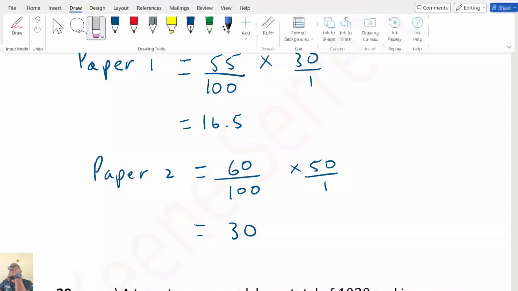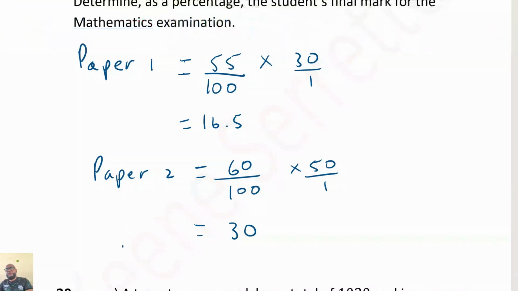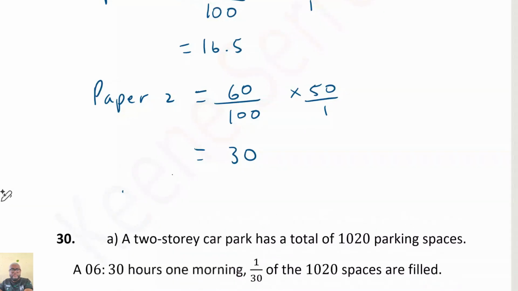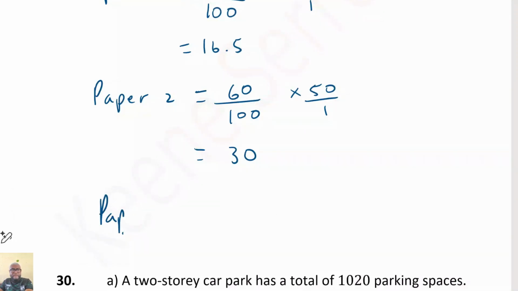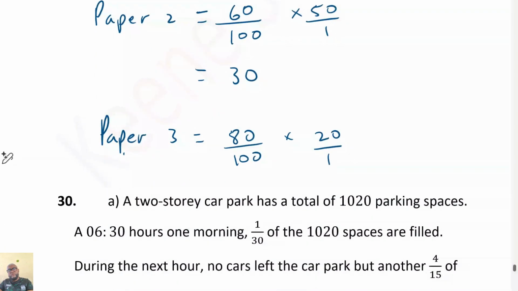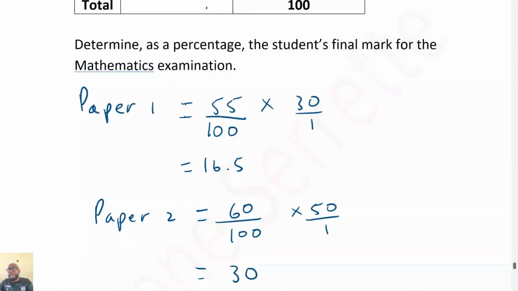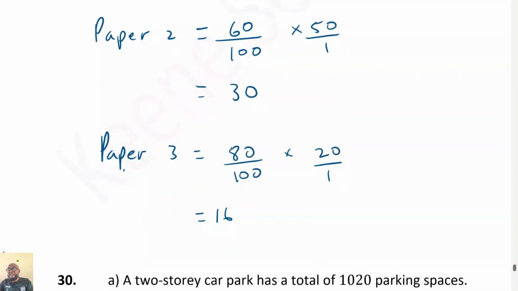Right? And paper 3, remember what it was? 80 over 100 multiplied by 20 over 1, which is how much? 16, right? So they want, as a percentage, the student's final mark.